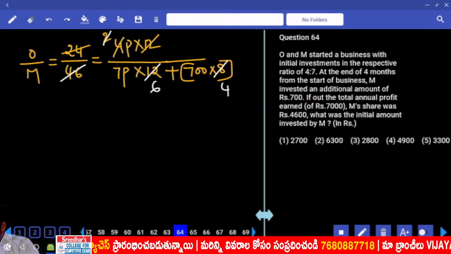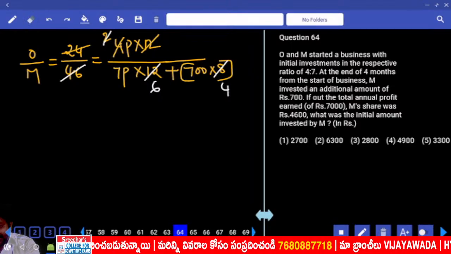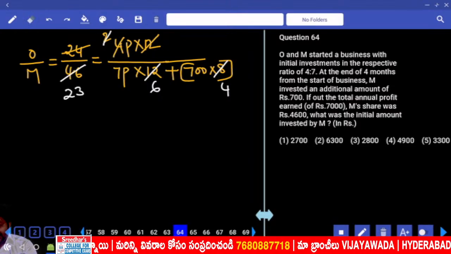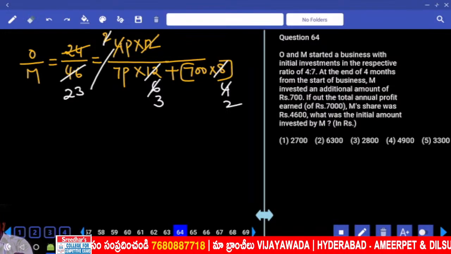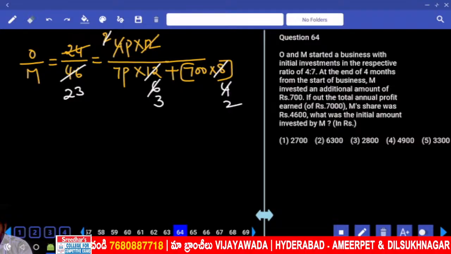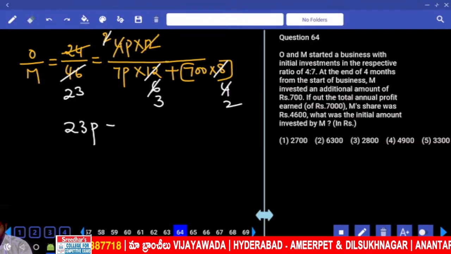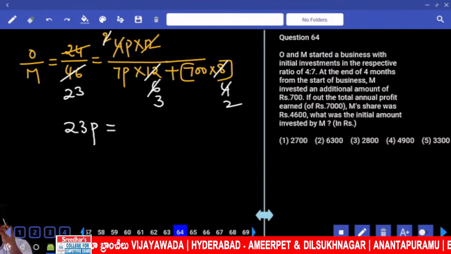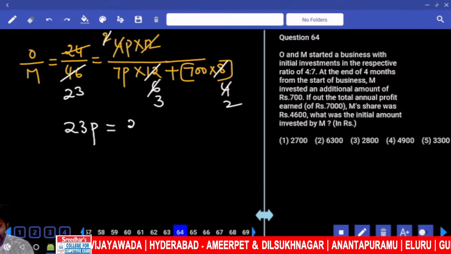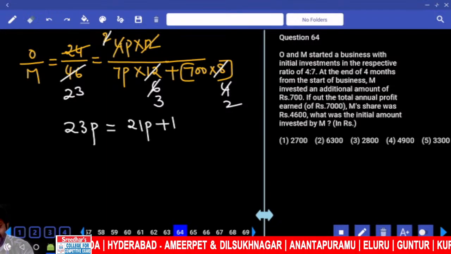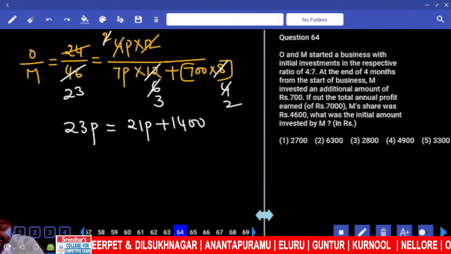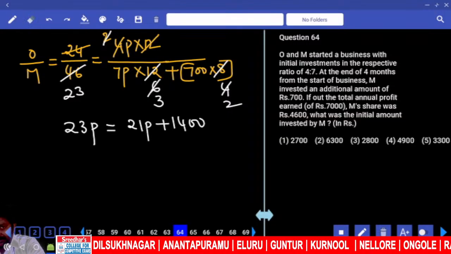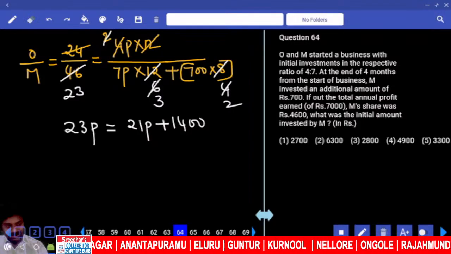Again you can take 2 cancellation from left hand side denominator, 23, 3 times, 2 times. 23 goes to right hand side numerator, that is equal to left hand side, right hand side denominator, 21 parts plus from this 1 part is equal to 700. 2 parts 1400, 1 part 700.